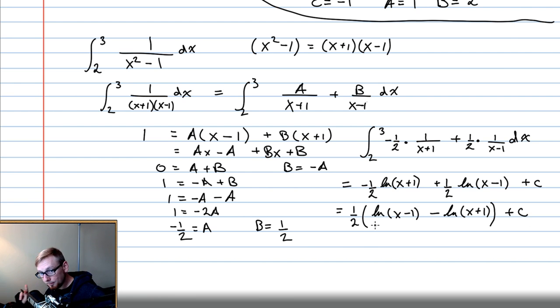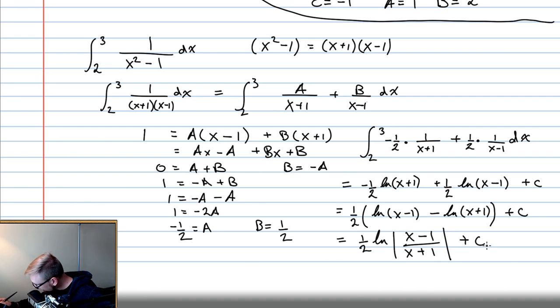Then we're going to do the logarithm rule. So this is a difference. So then this equals 1/2 times the natural log of x minus 1 divided by x plus 1 plus c. Now that one wasn't too bad.